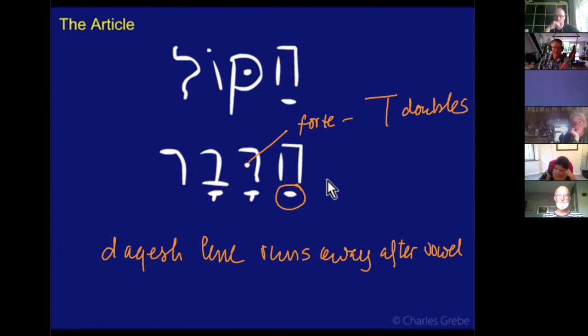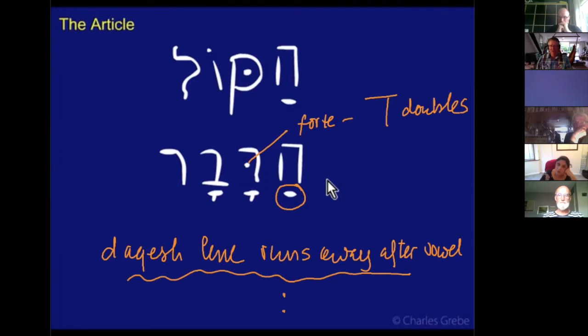That's why the rule for dagesh lene is so important. When you see a begadkefat letter with a dagesh in it, you first have to understand, is it a pronunciation dot or is it a doubling dot? Because only at the begadkefat letters you have pronunciation and the possibility of doubling. And the basic rule is a dagesh lene runs away after a vowel, even the schwa.